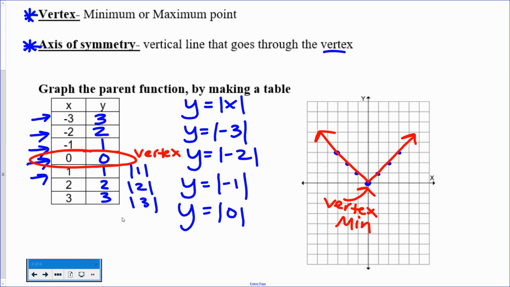So if I drew a vertical line through that vertex, that is your axis of symmetry. What's nice about that line is when I know the point on this side, I know the matching point on the other side because they are symmetric and they're in the same locations on the opposite side of that line. Okay, so that's the basics of our parent function.